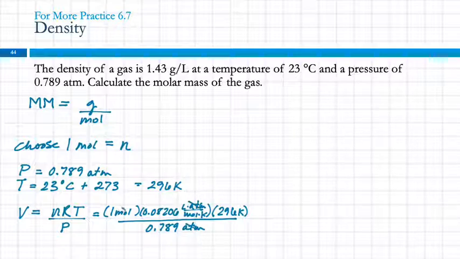Atmospheres cancel, moles cancel, kelvins cancel. So the volume of 1 mole of gas under this set of conditions is 0.08206 times 296 divided by 0.789.